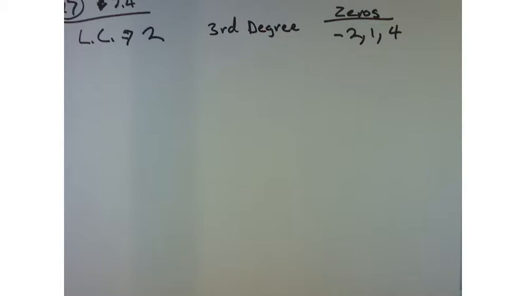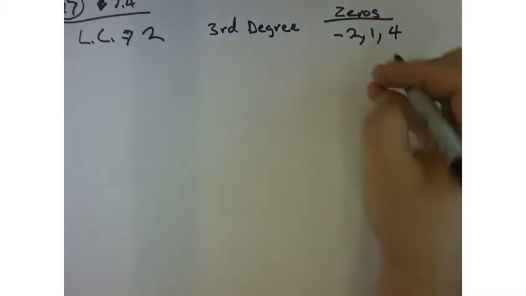What do we know about the zeros? How could I do that?